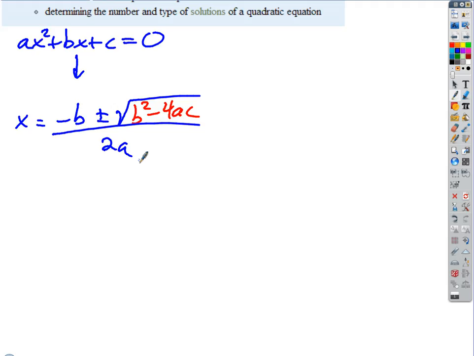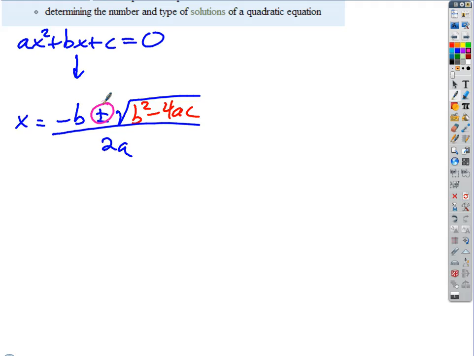It's going to be some positive decimal number. So if I'm putting a positive number inside the radical, I am going to get back how many real solutions? 2. 1 for the plus, 1 for the minus, right? I'm going to get negative b plus whatever my square root number is, all divided by 2a, or negative b minus whatever my square root number is divided by 2a, right?